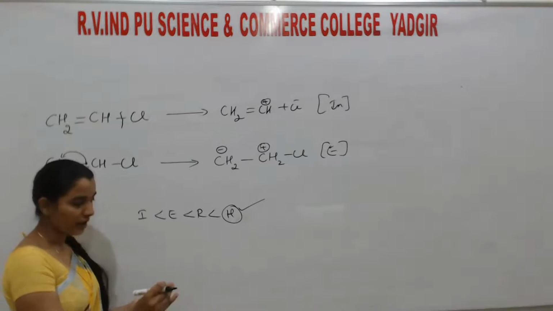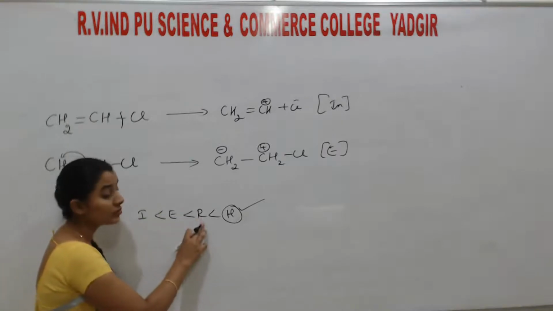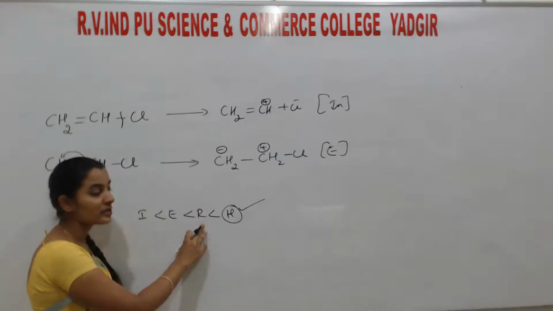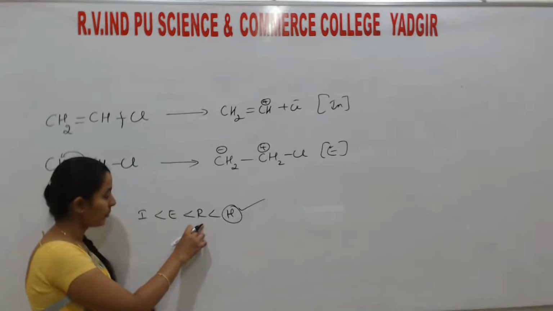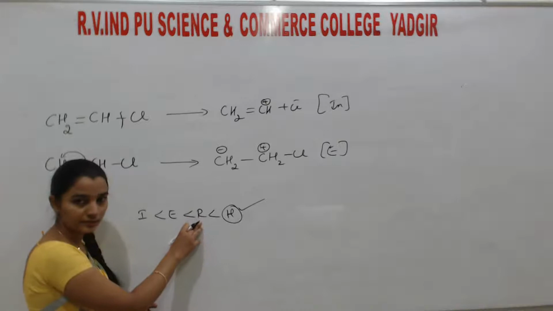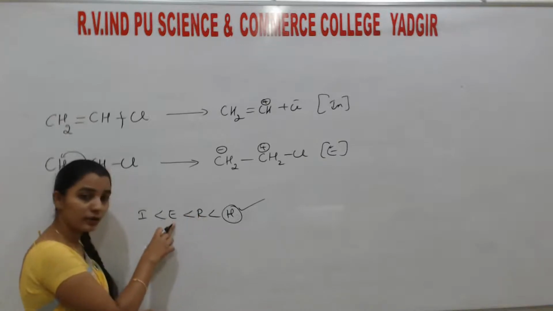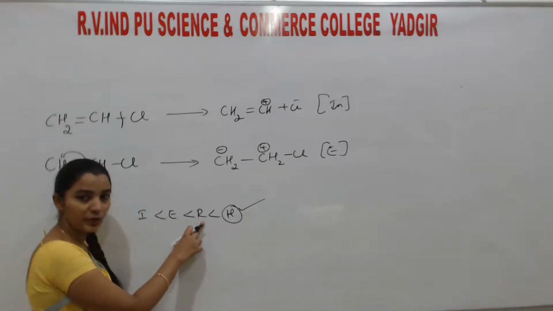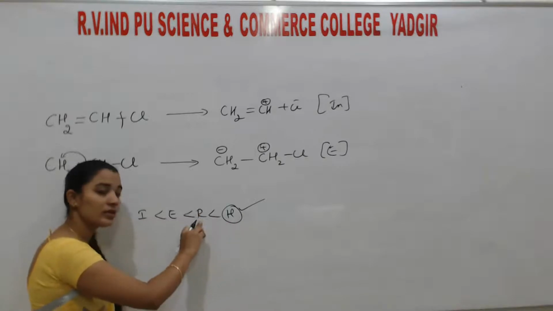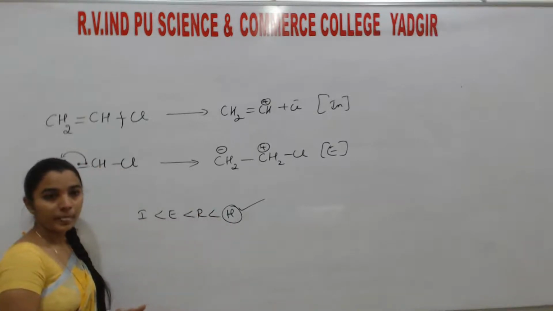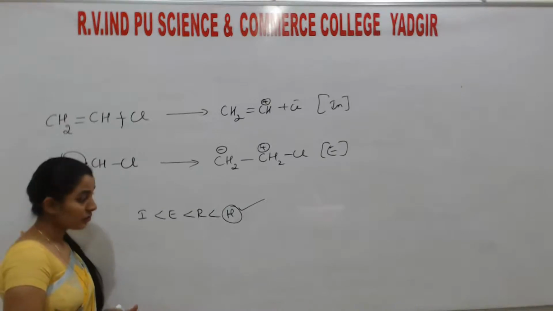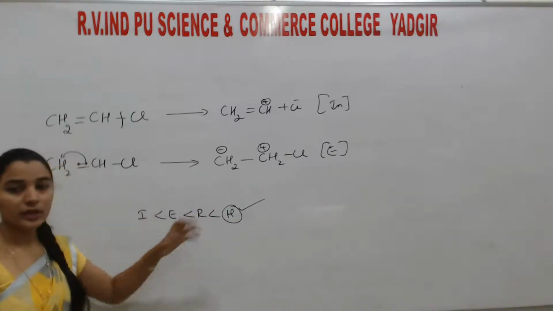In the same reaction, if inductive and resonance are there, resonance is predominant. If hyperconjugation and resonance are there, hyperconjugation is predominant. Understood? So this is the order of the effects.